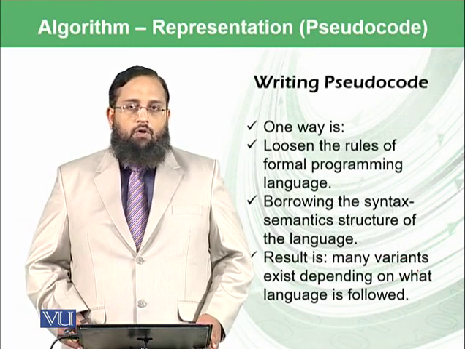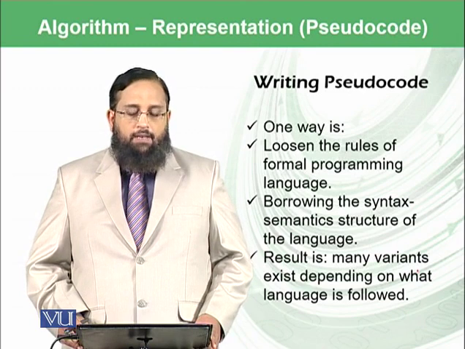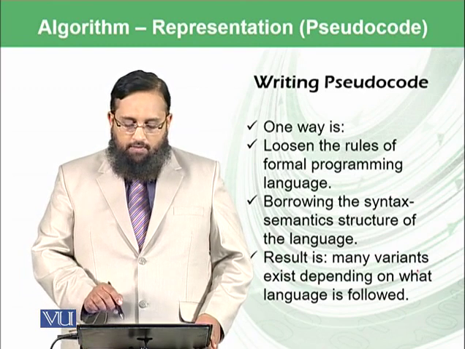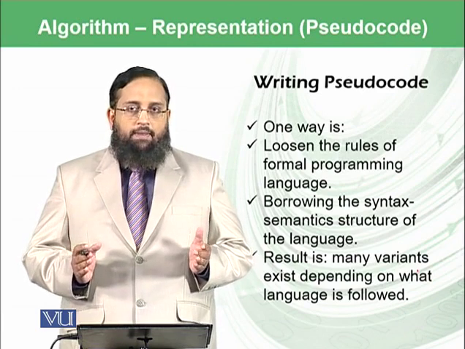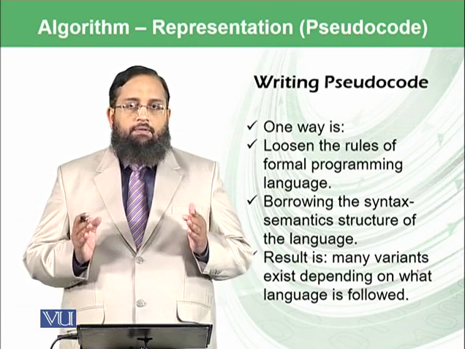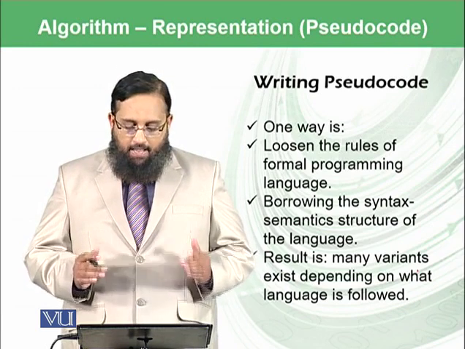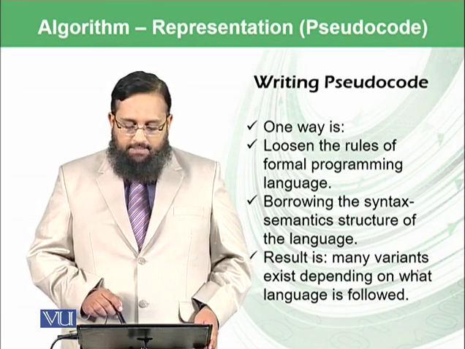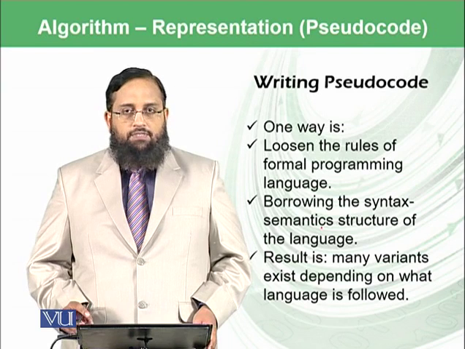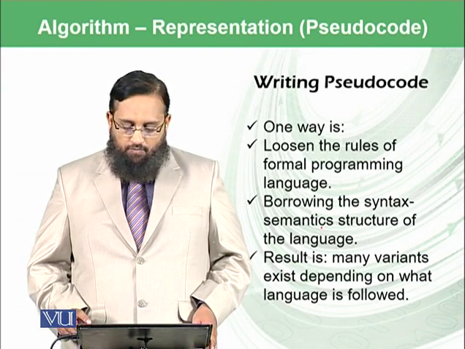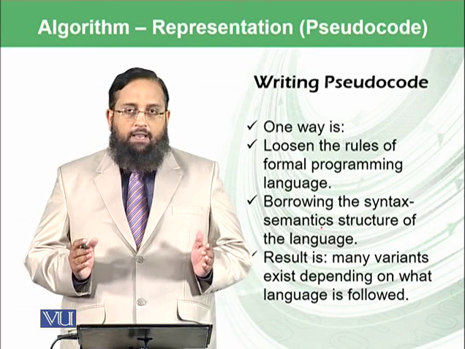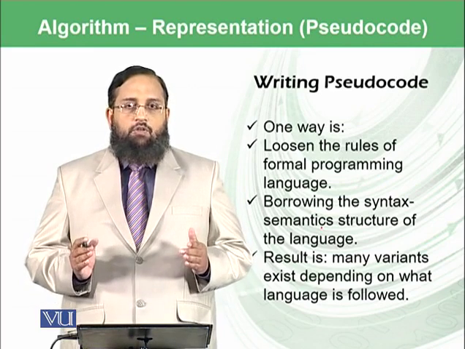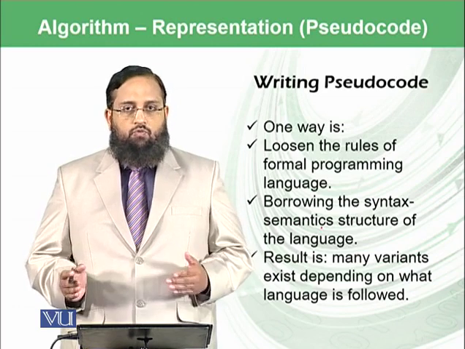So one way of representing an algorithm using pseudocode is that we loosen the rules of formal programming languages. We do not remain very strict, and we borrow the syntax and semantic structure of the language to represent a pseudocode. The result is that many variants exist depending on what language has been used to build the pseudocode.